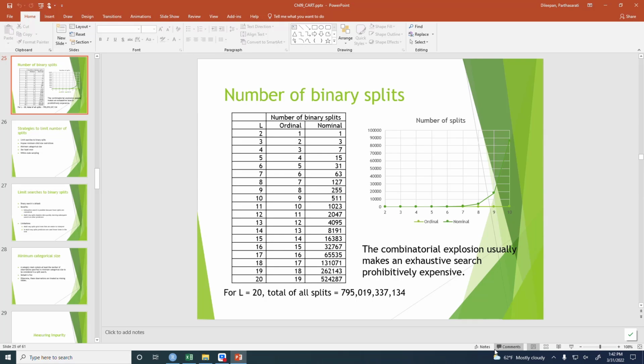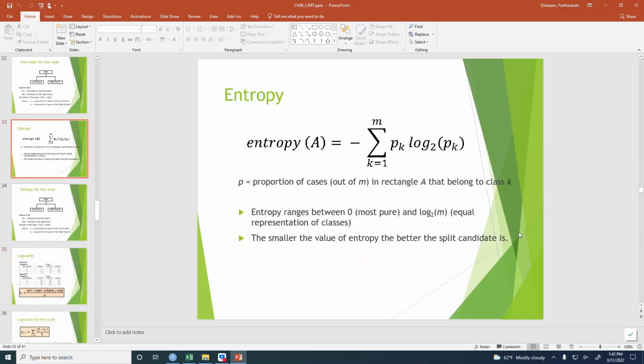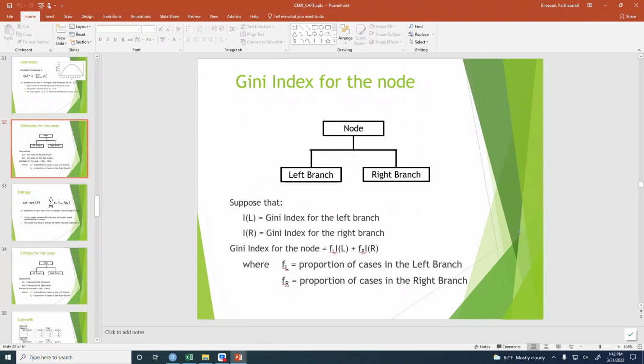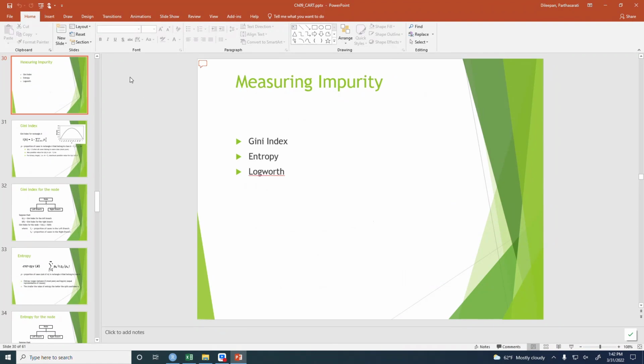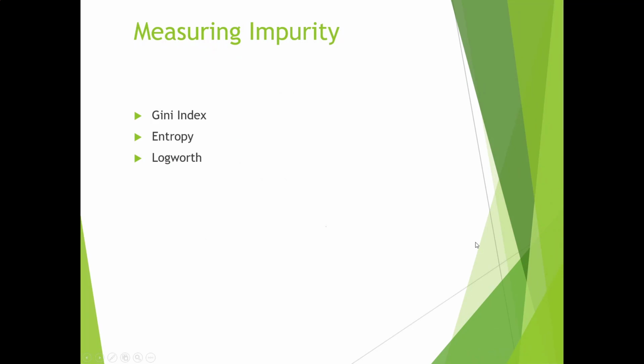That's where the impurity measure comes into the picture. There are several possibilities. Here we have what is called the Gini index, which measures the level of impurity for a given split.